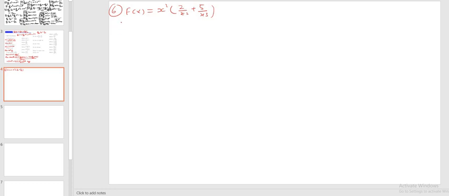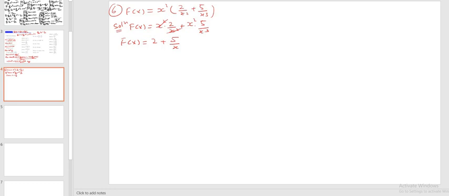What we have to do is first of all simplify it. We can write this as x square, open the bracket, 2 divided by x square plus x square multiplied by 5 divided by x power 3. This cancels, so f of x will now be 2 plus 5 divided by x.